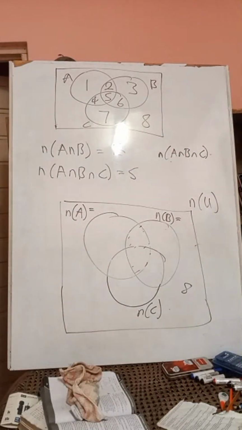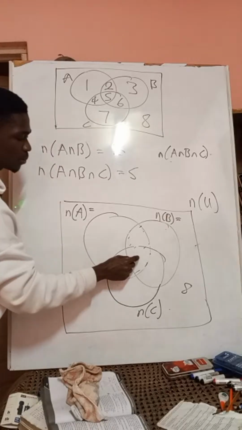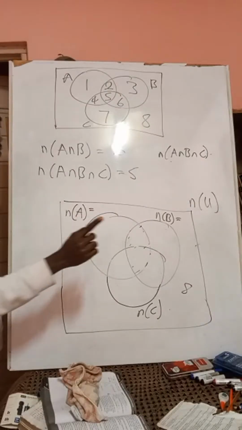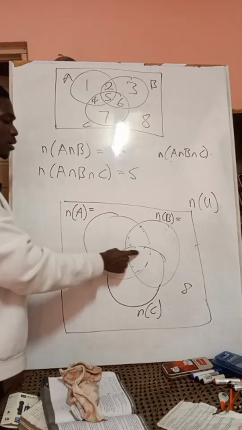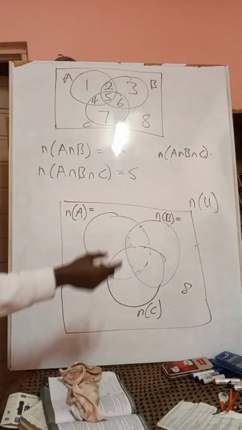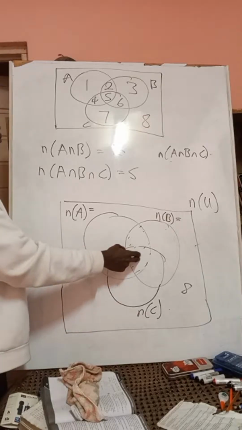In other words, you should write the one for all three subjects first, which is the middle. That's the first thing you should do. If it is not given, use a variable.